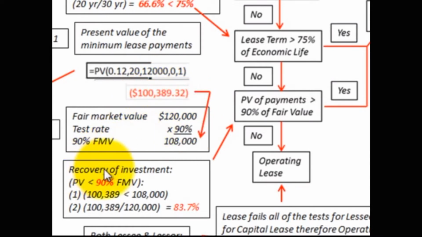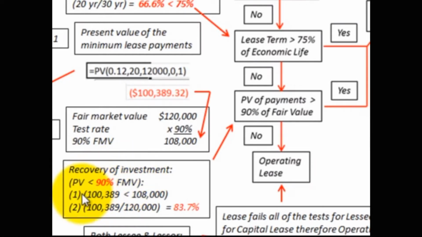And that is our recovery of our investment here. So we're going to determine that this present value is less than 90% here of the fair market value. And that means it's going to fail the test because it has to be greater than. The present value of those minimum lease payments has to either be greater than or equal to 90% here of the fair market value of the leased asset.